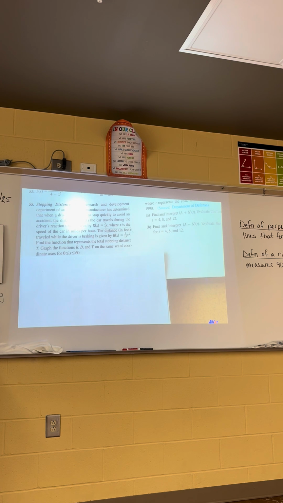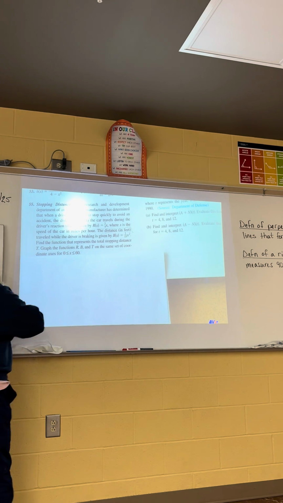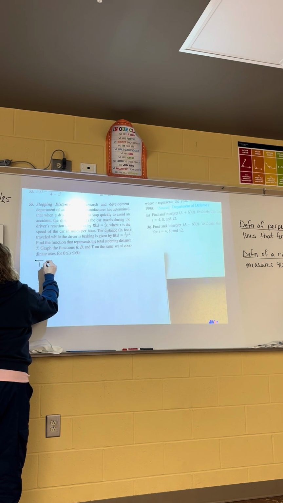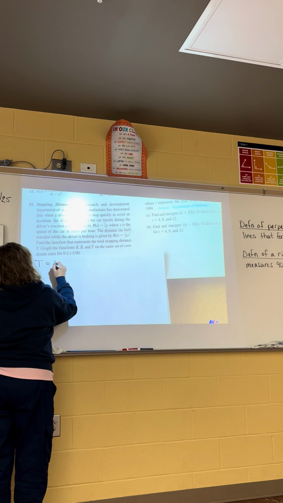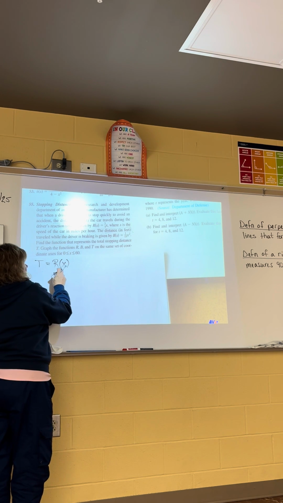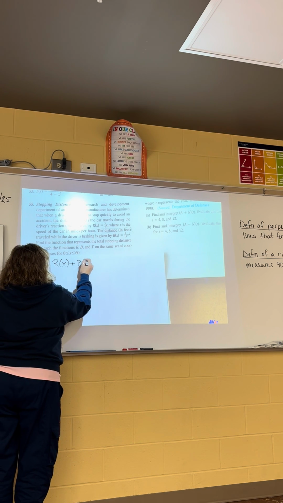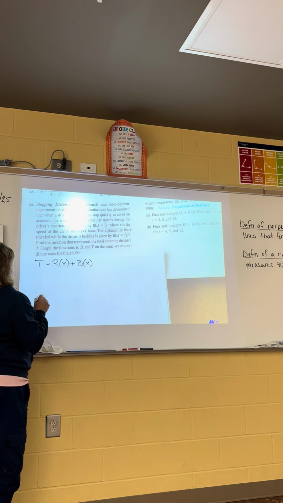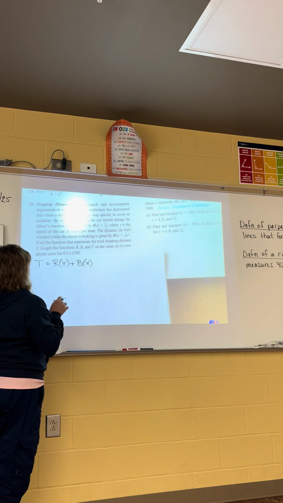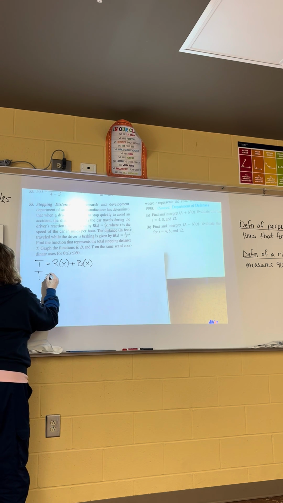Okay, so total stopping distance T equals what? R of X plus B of X. Reaction distance plus braking distance. Graph the functions R, B, and T on the same set of coordinate axes.